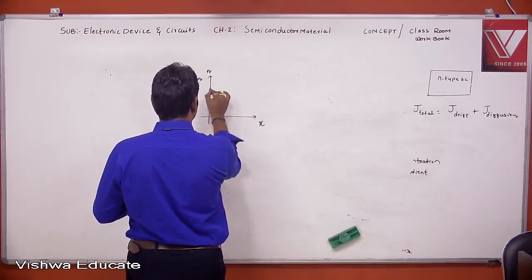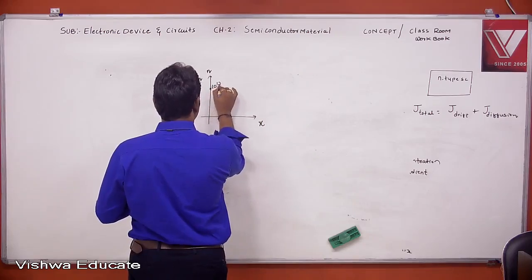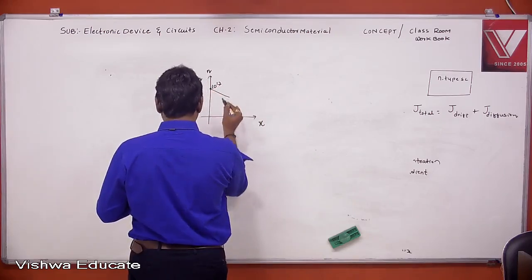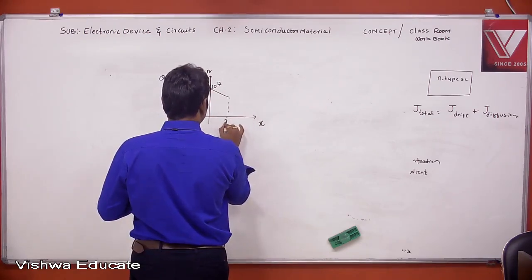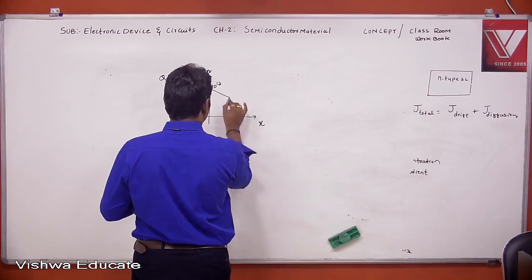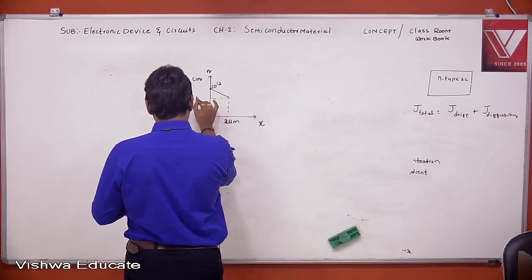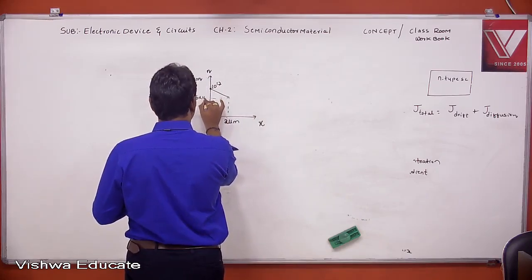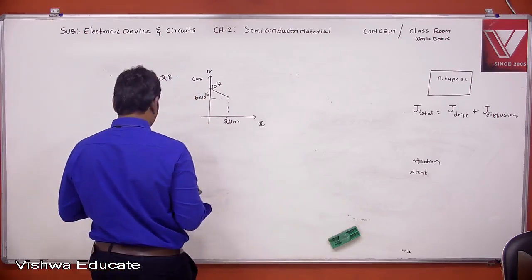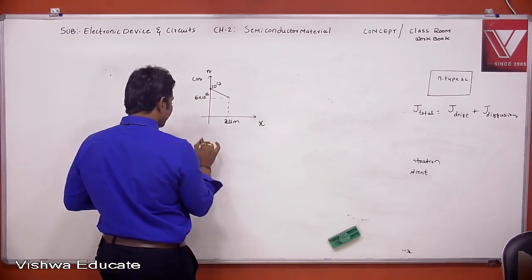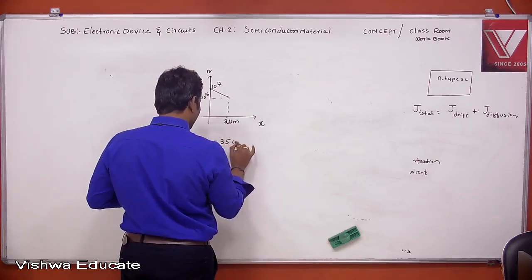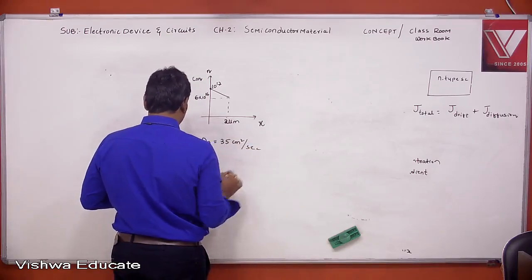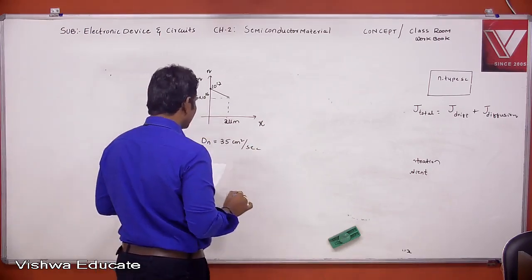At x equal to 0, how much is the concentration? 10 power 17. It varies linearly. And at x equal to 2 micrometer, the concentration is 6 into 10 power 16. They also gave the diffusion constant of an electron, 35 centimeter square per second. What we want to calculate is the current density in the sample.